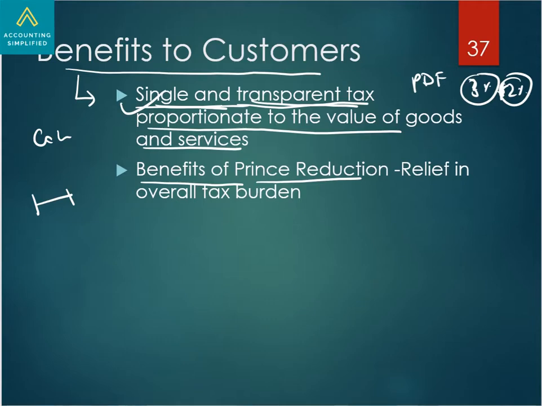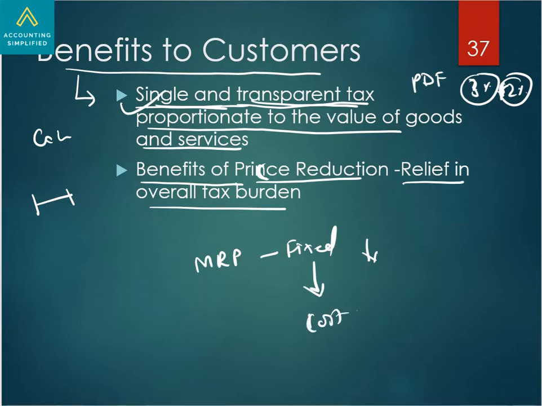So benefits to the price, price reduction. It means that due to anything which is reduced, there is relief in the overall tax burden. But let me tell you, due to this GST, the price of commodities has not decreased. Because we still follow MRP, maximum retail price, and MRP is fixed, and everything is adjusted, all the GST is adjusted in the cost of the product, right?